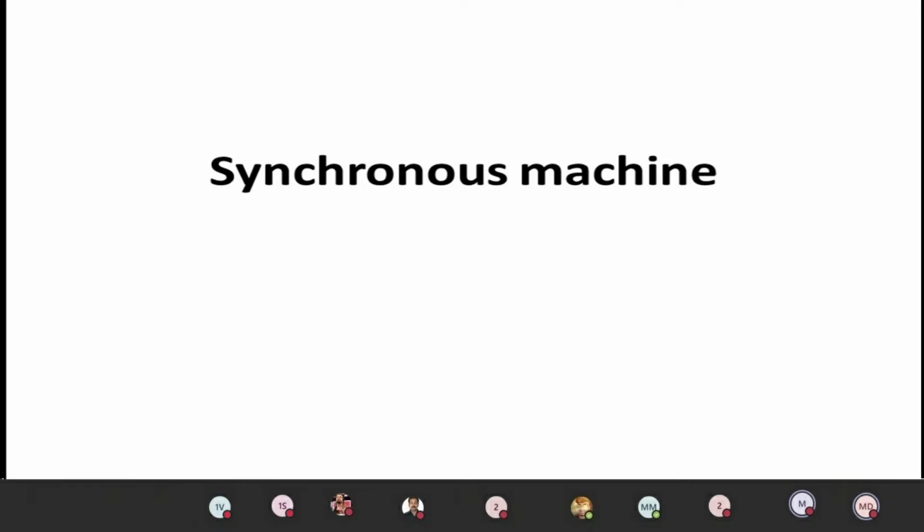So here we are going to see about both machines, that is, the synchronous machine. The construction of both machines is similar except the outer casing. Why is the casing different? Because the synchronous generator is placed in the generating room.